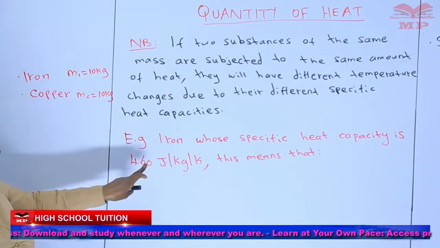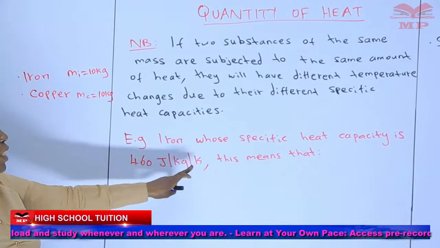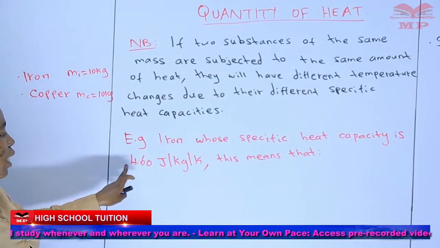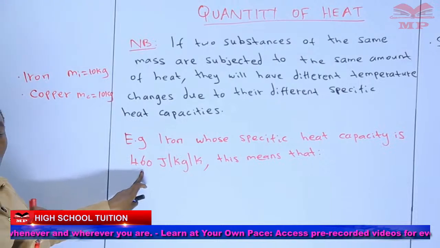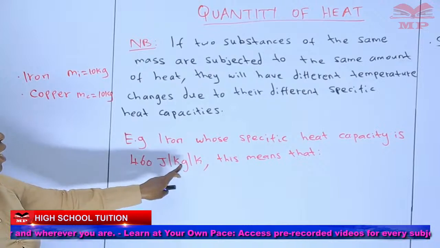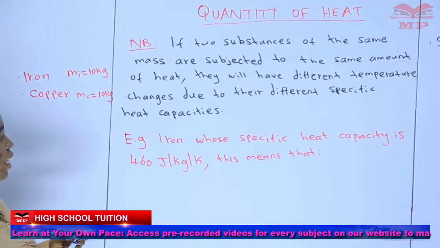So iron whose specific heat capacity is 460 joules per kilogram per Kelvin, this means that 1 kilogram of iron will give in or out 460 joules of heat when the temperature changes by 1 Kelvin.